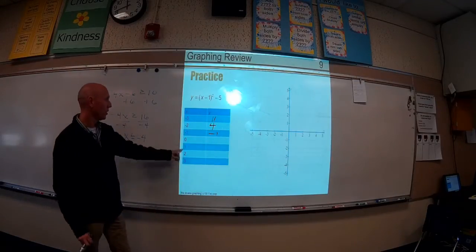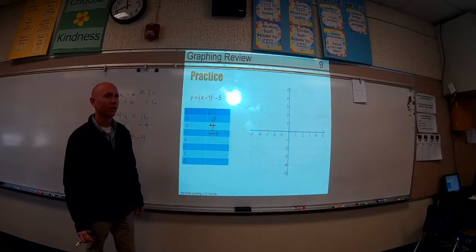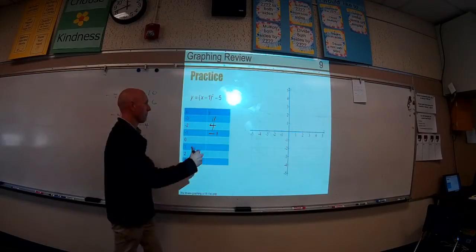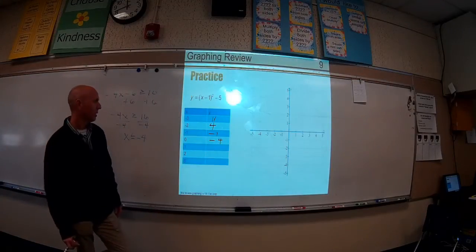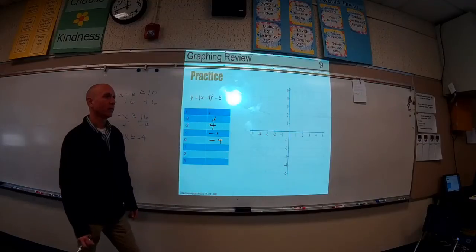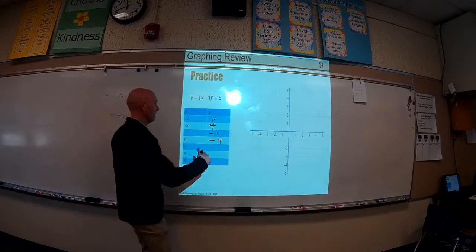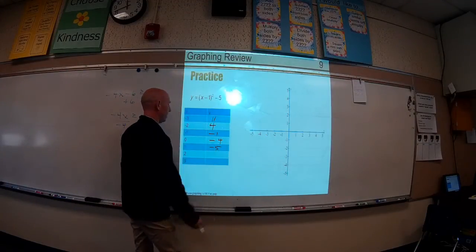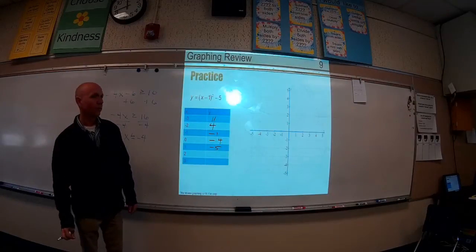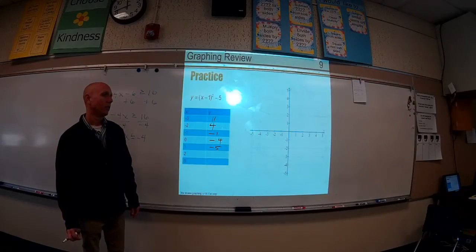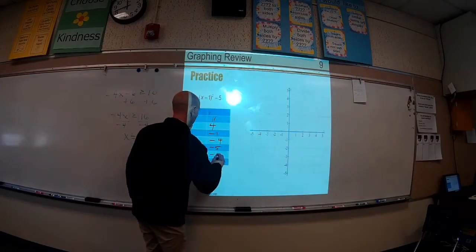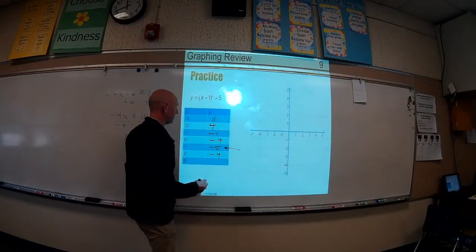Going over there to Chris, you get the 0. 0 minus 1 squared minus 5. -4. Jackson, 1 minus 1 is 0, squared 0, minus 5. -5. Lizeth, 2 minus 1 is 1, squared, minus 5. -4. We just caught the bottom of it right there.